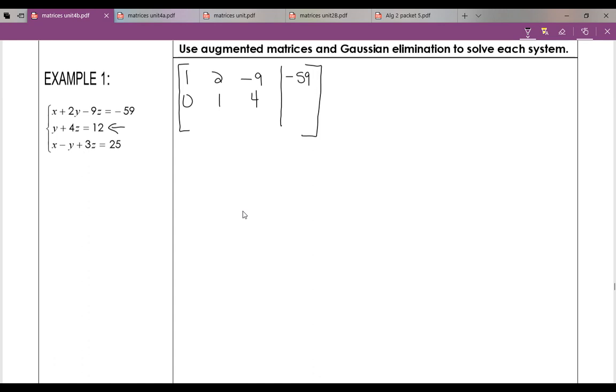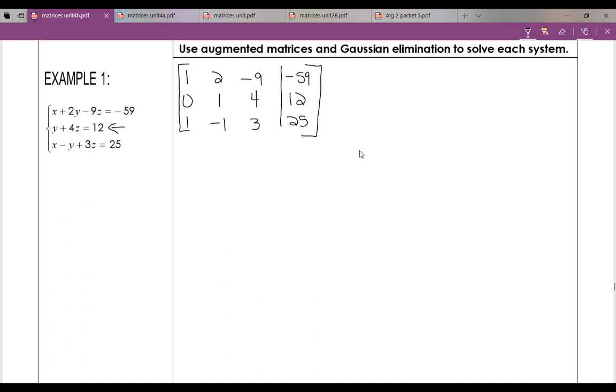You have to put in fillers when you don't have something. Bottom row has x, y, z, so 1, -1, 3, 25. I'm double-checking all my numbers, making sure I've got my zeros if I need one. So if you have an equation that's missing an x or y or z, fill that place in with a 0, okay?